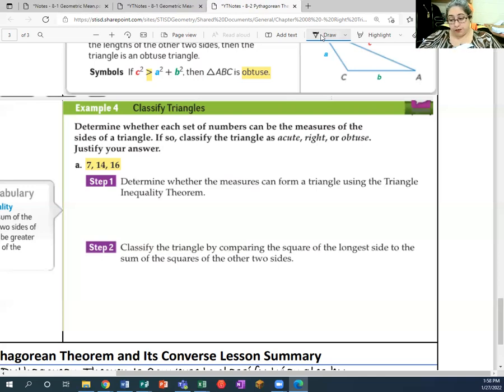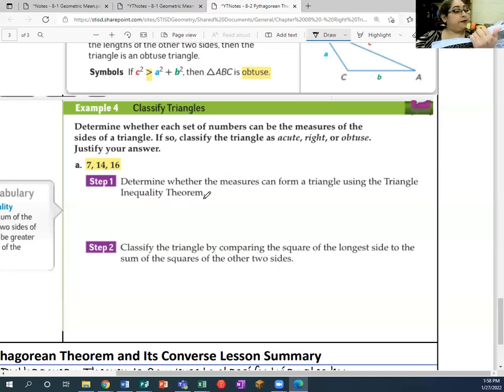It wasn't in chapter 4. Was it in chapter 5? Flipping through chapter 5, and I'm looking for the triangle inequality theorem. Oh, here it is. It was in section 5.5, and it says the triangle inequality theorem.